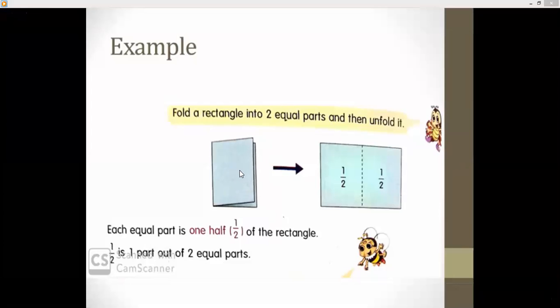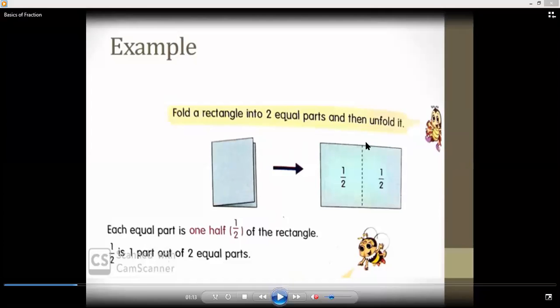After some time, when you unfold it, you will find a symmetric line in between this paper. This means this piece of paper is now divided into two equal parts. This is half and this is half, and this whole is one. So this half and this half are making one.